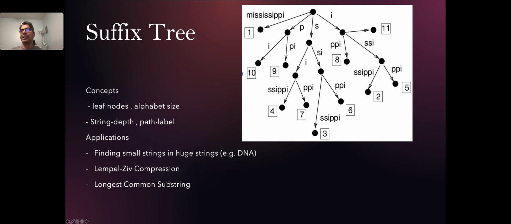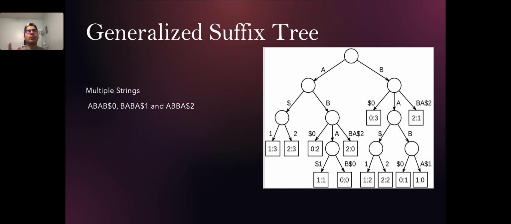Another application, which is the subject of this presentation, is the longest common substring. If you have a suffix tree, we can find the longest common substring. But for that, we need to first introduce the generalized suffix tree. What's a generalized suffix tree? It is a suffix tree for not a single but multiple strings.